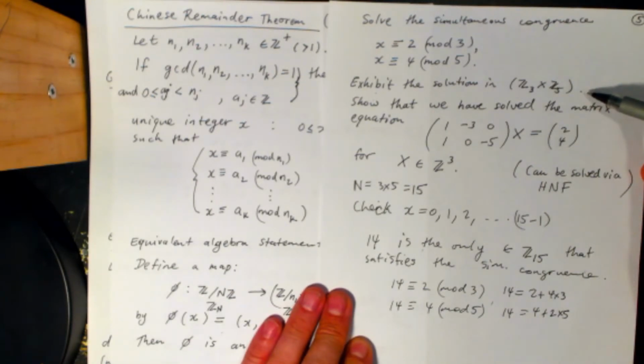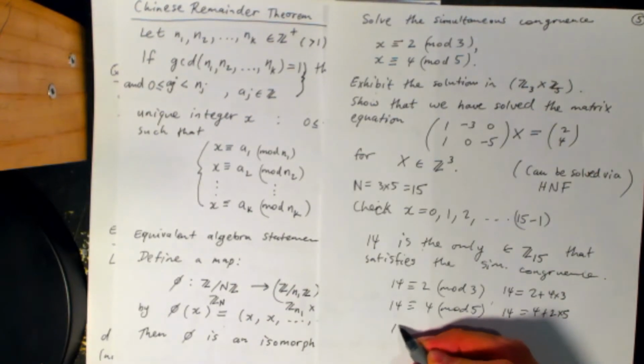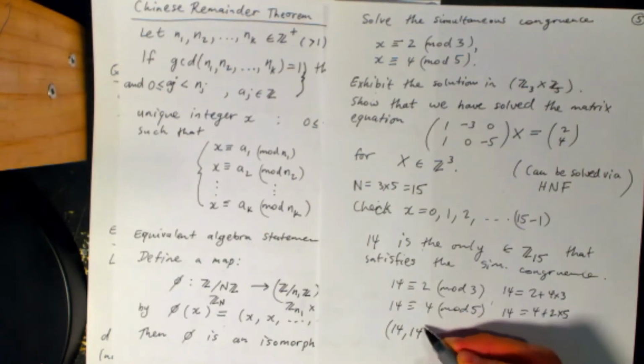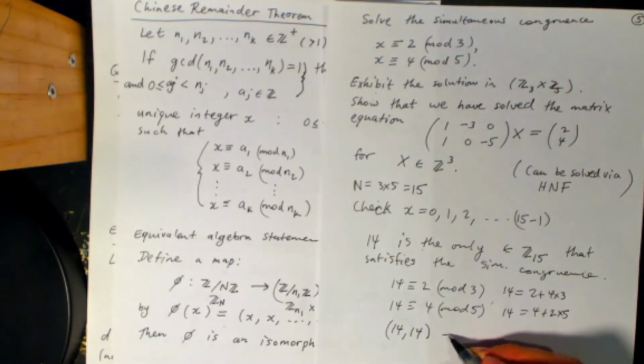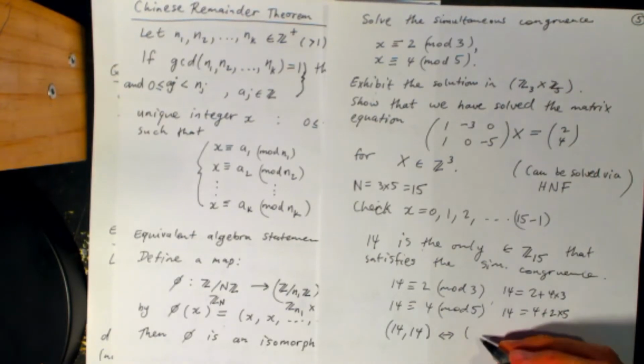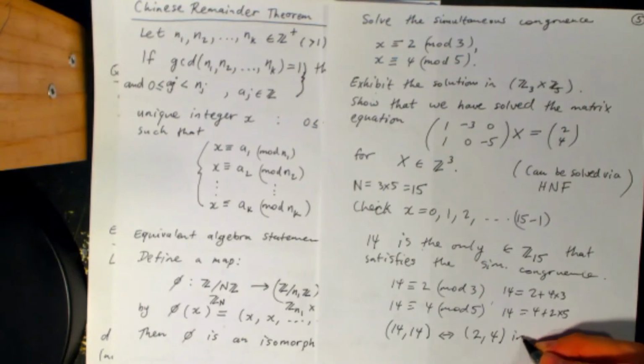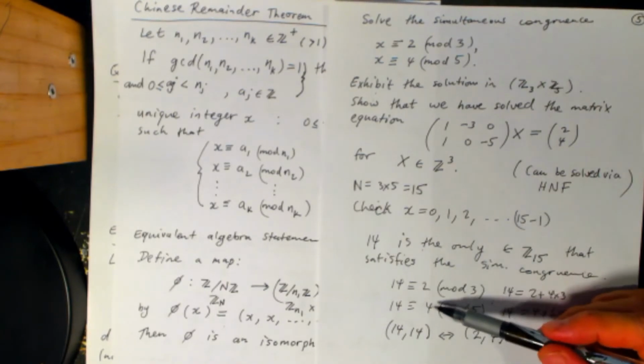So now exhibit a solution in the Cartesian product of Z3 and Z5. Okay, so we should have 14 comma 14, but this is the same as 2 comma 4 in Z3 and Z5. Okay, and we see the 2 and the 4 right there.